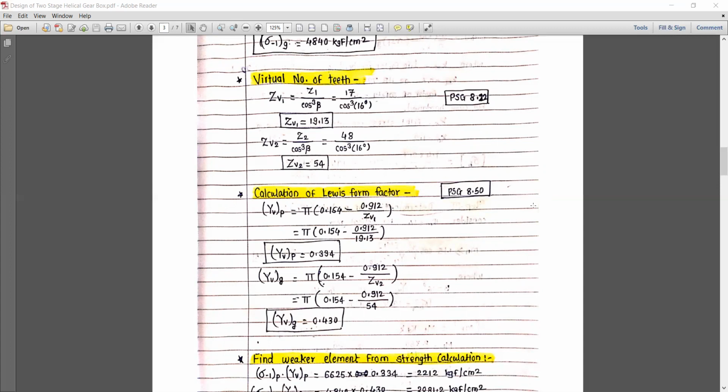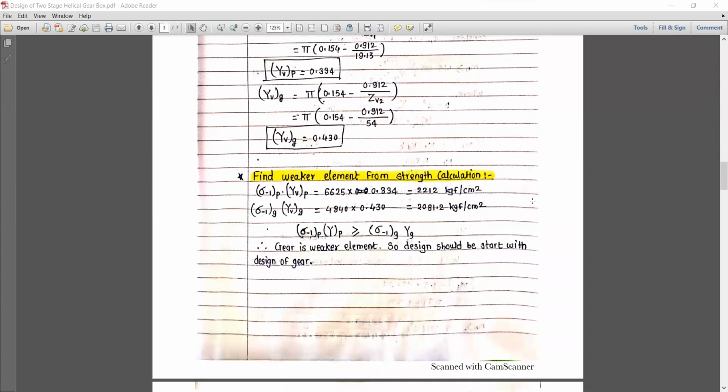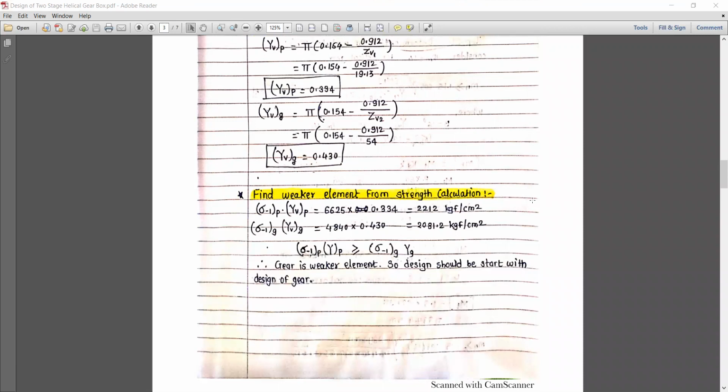Now the next step is to calculate the weaker element. Multiplying the endurance limit by the Lewis form factor, you get the exact strength. In case of the pinion it is 2212 kg per cm square, but in case of the gear it is 2081.2 kg per centimeter square.